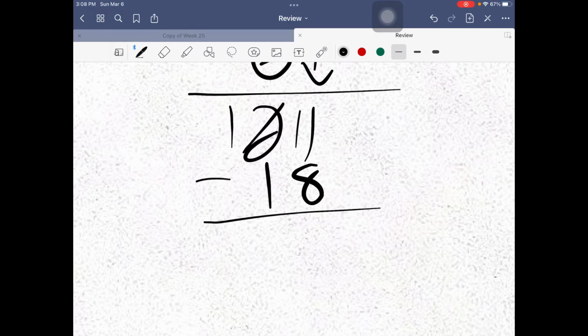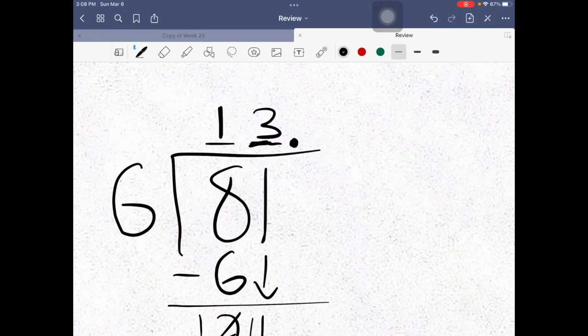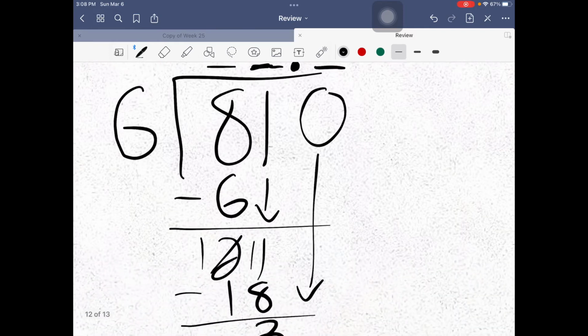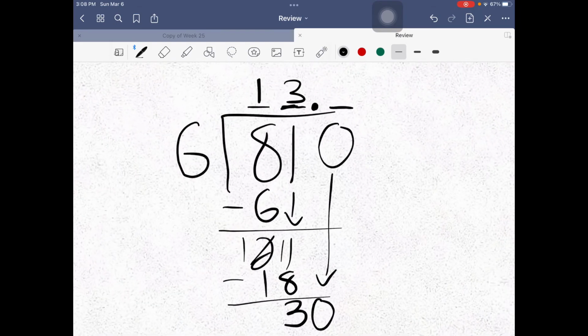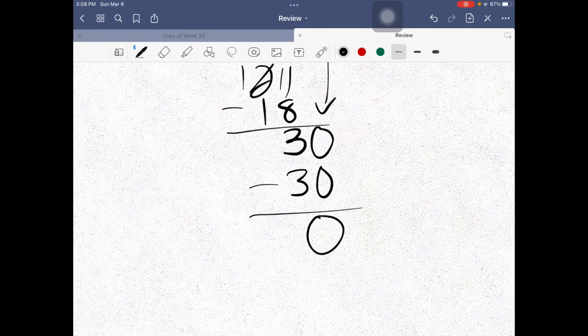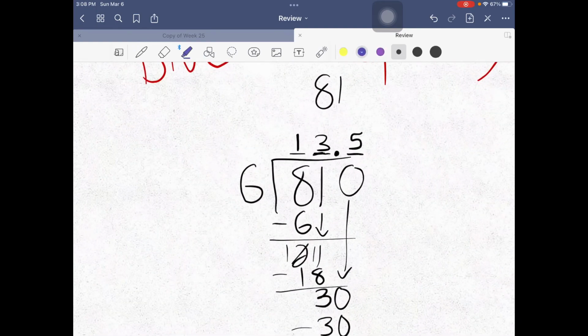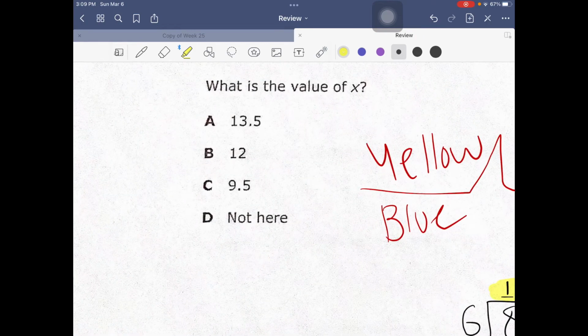What's 11 minus 8? 3. And last one, we add a decimal place. We add a line, add a 0, and then bring it down. How many times? 6 times what gives you 30? 5. 30 minus 30, 0. That means we're done. My answer, 13.5.